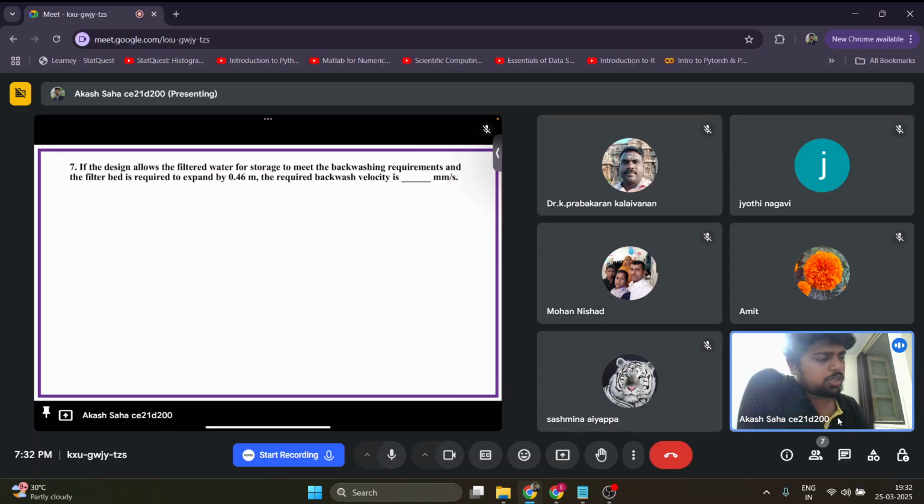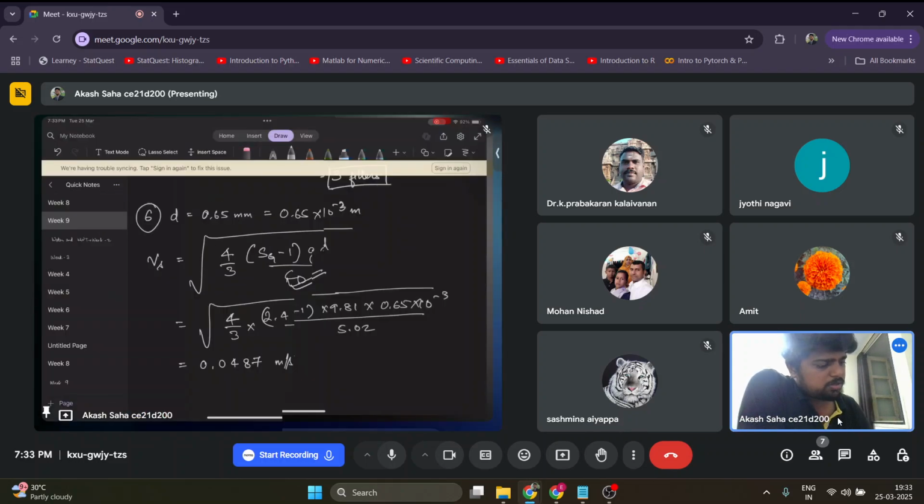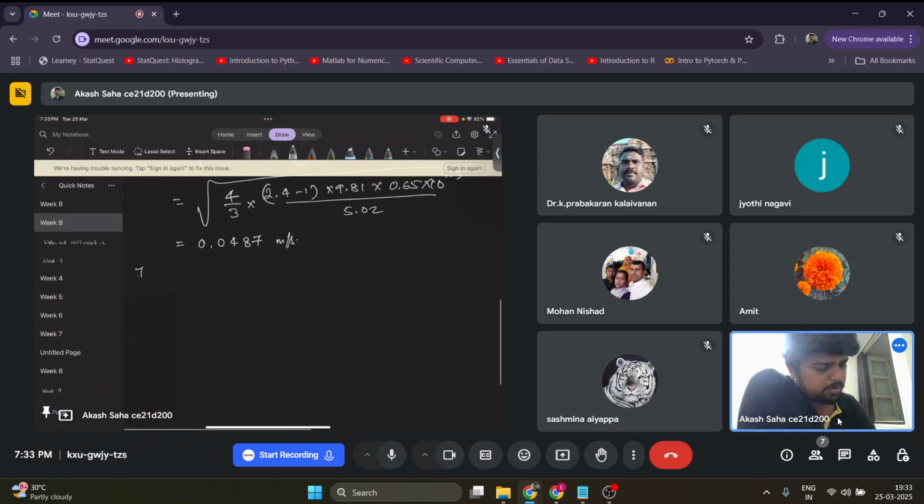Okay, let's see how to get the backwash velocity if the expanded depth is given. Here again, we know that the depth of the filter was given as 1 meter, and the porosity is given as 0.45. So this is the initial state, before backwashing. After backwashing, the depth expanded to 1 plus 0.46, so it is 1.46 meter. Now we have to find the porosity at expanded depth.